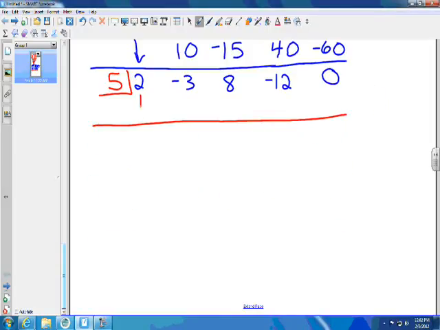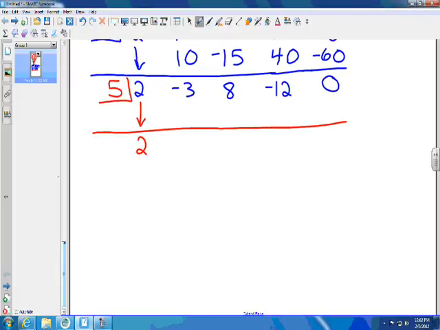You spend a lot of time. Bring down the 2, multiply over, add down, times 5, add down, times 5, not going to give you 12. So 5 is not a double root, but you do have to check every time. Sometimes it will be.